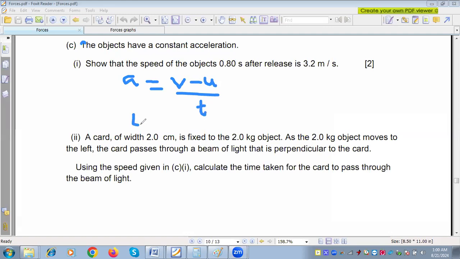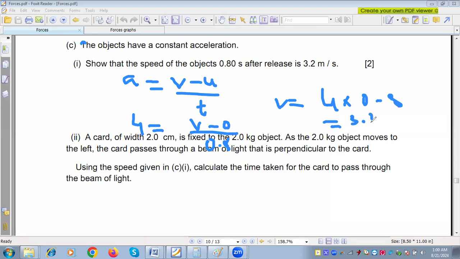Acceleration is 4, equals to final velocity is to be calculated, and they started from rest, so 0, over time interval 0.8. So v equals to 4 into 0.8 is equal to 3.2 meter per second. So which is proved.